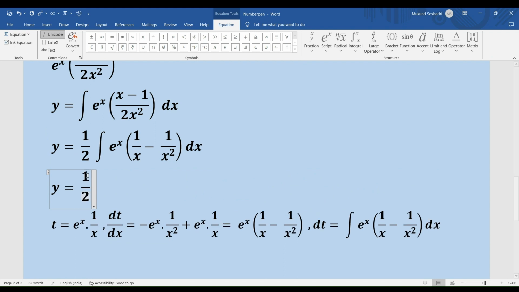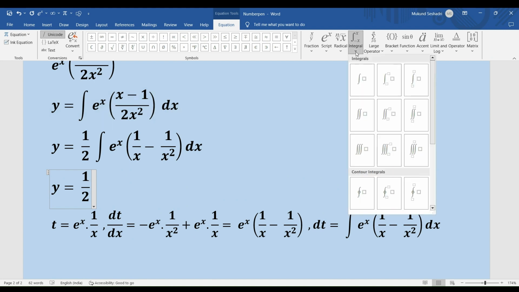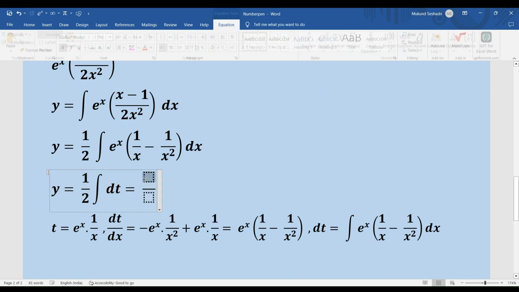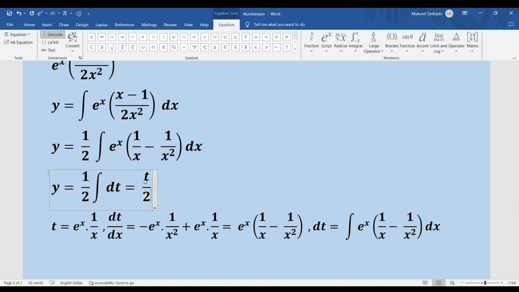Now in place of this expression, what I have, I can replace it with a dt, right? If I assume that my t is equal to e to the power x times 1 by x, right? And I know the answer for this, it's not very difficult. It is nothing but t by 2 plus my constant c, right?